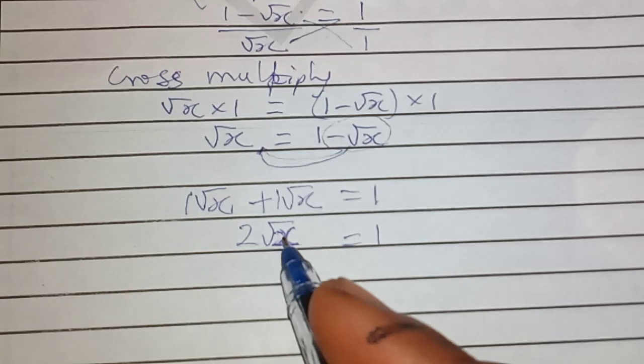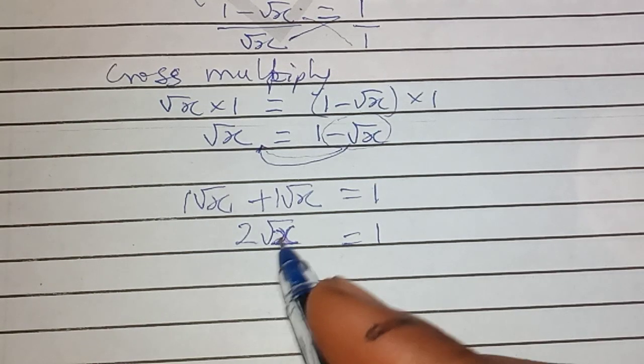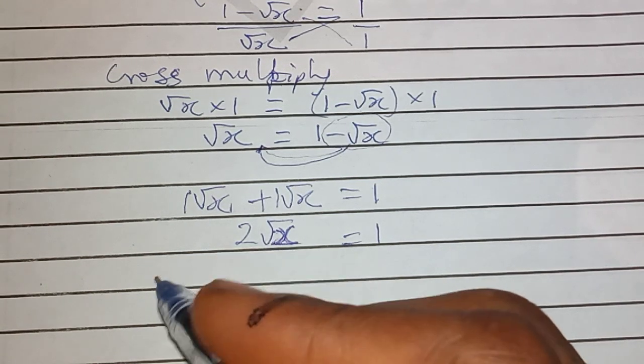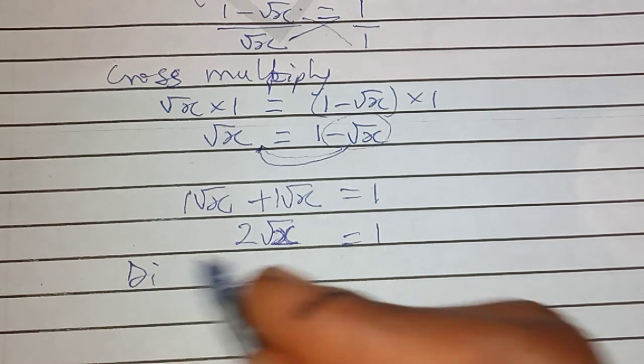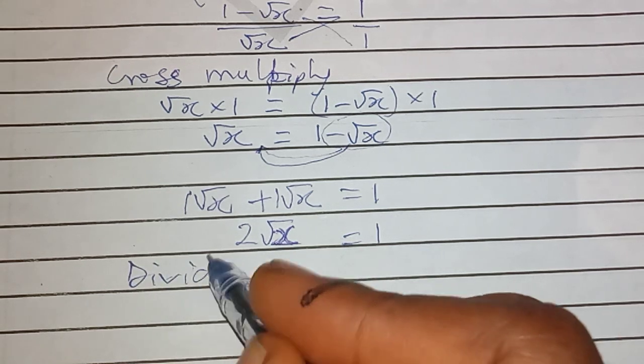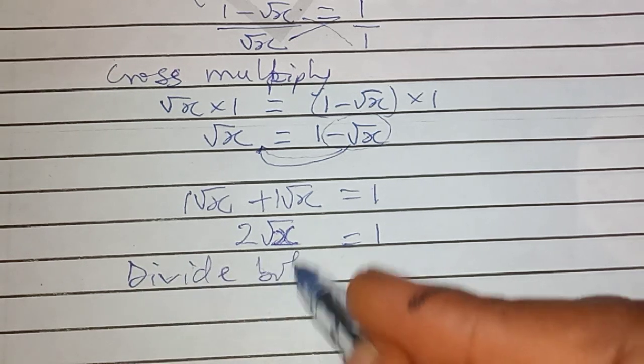Then for us to get square root of x, we divide both sides by 2, that is the coefficient of square root of x.